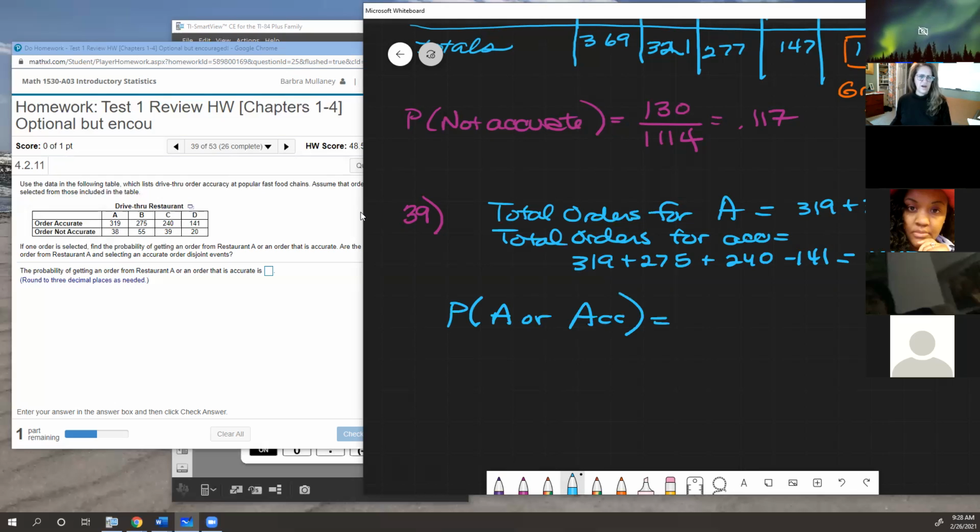So the probability of getting an order from restaurant A or an accurate order, okay, is equal to, all right, so A is 357 over, we need the grand total. So I guess the grand total would have both accurate and not accurate orders, right? That's what it is. 1127. So the total of not accurate is 152.